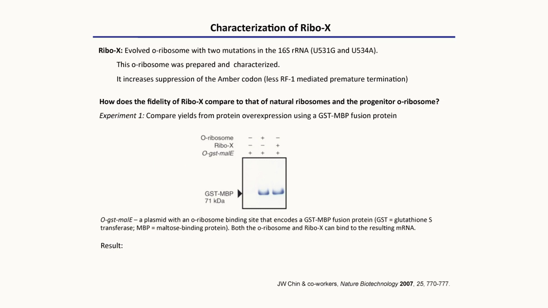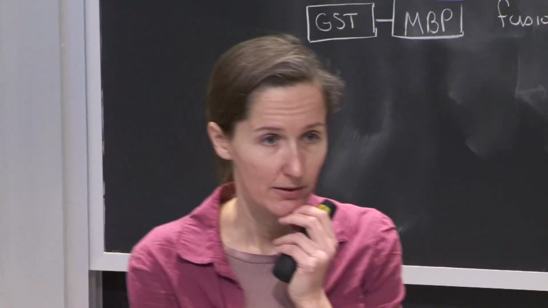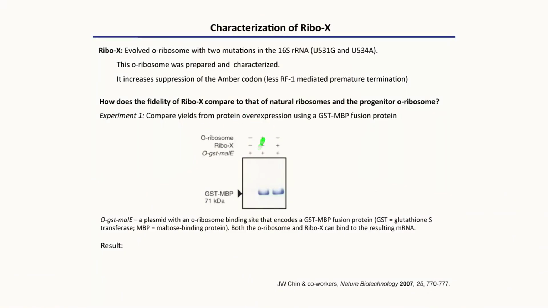So what do we see? Pardon? All the same yield? Are they all the same yield? There's 3 lanes. No ribosome. Yeah, so no orthogonal ribosome, no translation. And that's a good thing to see. That tells you that this orthogonal mRNA is not being translated by the endogenous ribosome. That's an important observation.